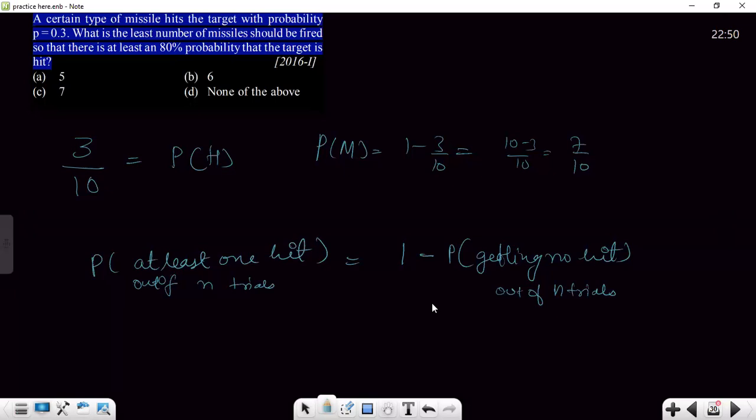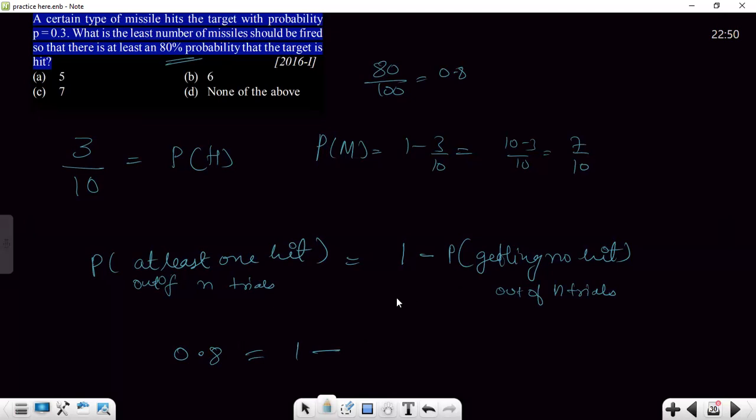Okay. Now this is a very interesting question. So this is the probability of at least one hit out of n trials. This has to become 80% as per the question. So 80% is 0.8, which equals 1 minus the probability of getting no hit out of n trials.